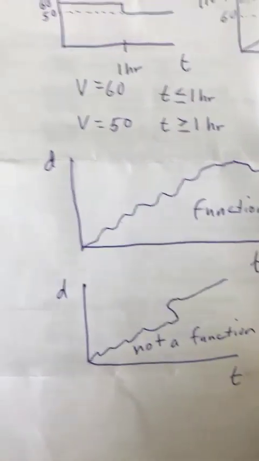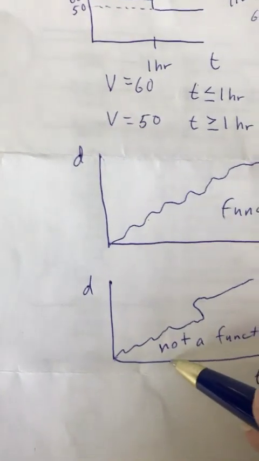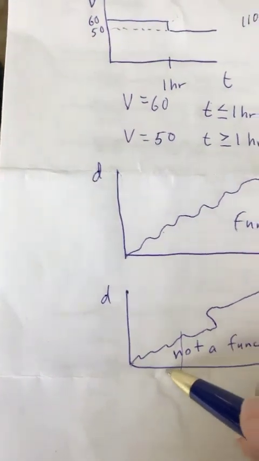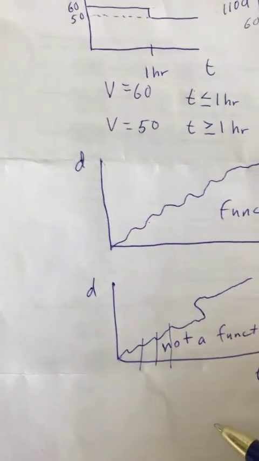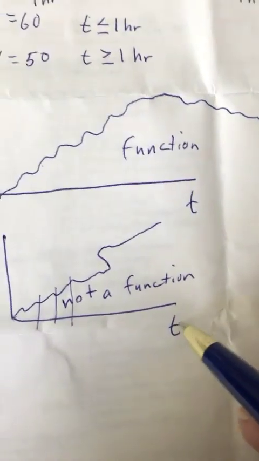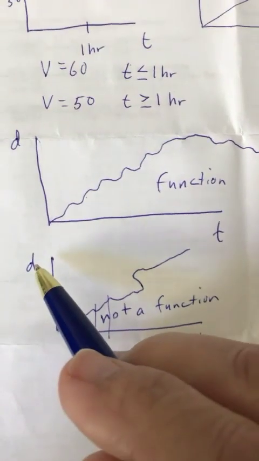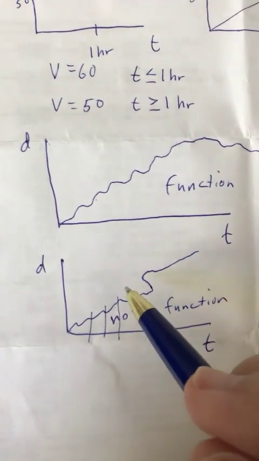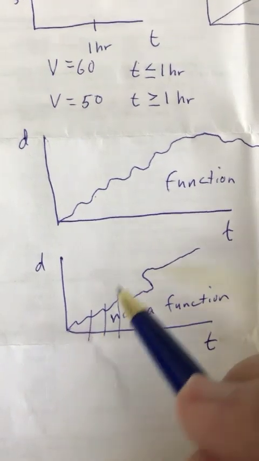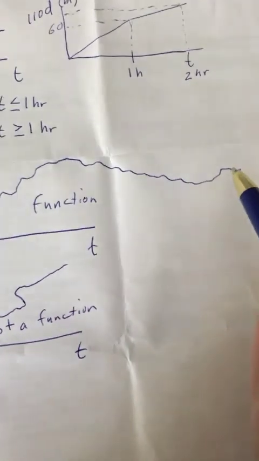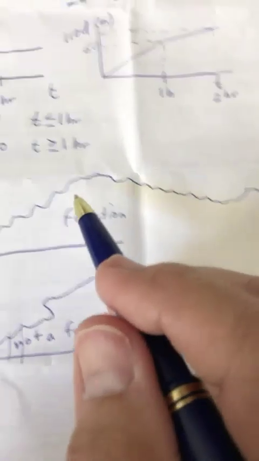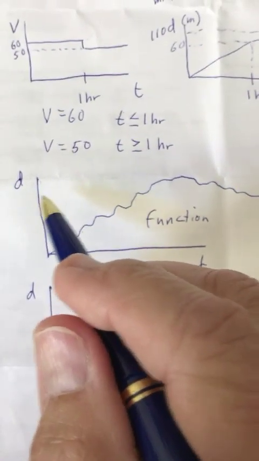For whatever value of t I choose, a function must have a single value. This is called the independent variable, and this is the dependent variable. You can see in this function, no matter what value of time I choose, I can find the value over here of d.